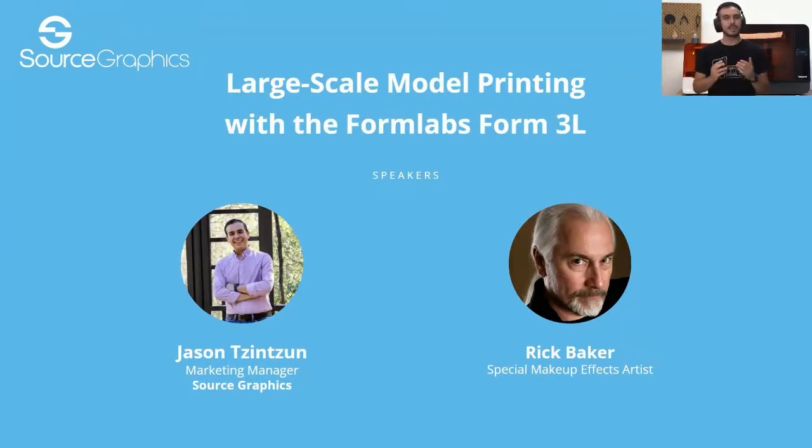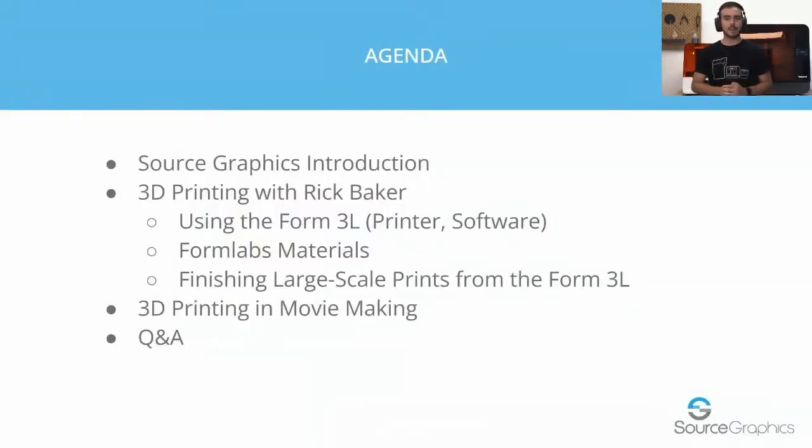But first, a little bit of housekeeping, to tell you a little bit about what we're going to be covering today and what you can expect. Total runtime is probably about 45 minutes to an hour for the presentation. If you're able to stay the whole time, fantastic. If not, don't worry, you'll definitely get a recording of the webinar afterwards. We'll go over a brief introduction of Source Graphics.